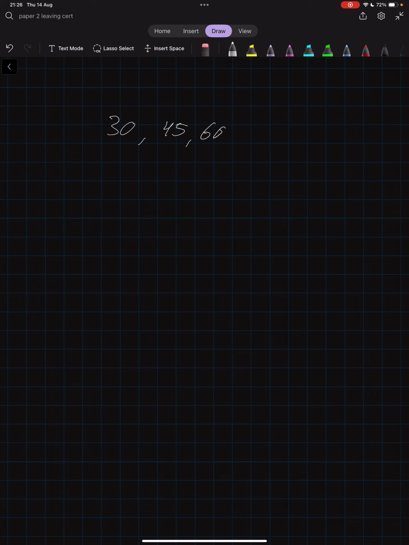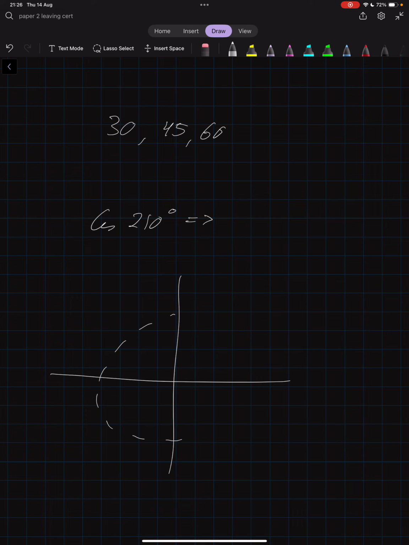If I asked you to get the cos of, say, 210 and asked you what that is, you draw out your circle. Where's 210 degrees? So this is 180 and it's 30, so this is 30 degrees and you're here.